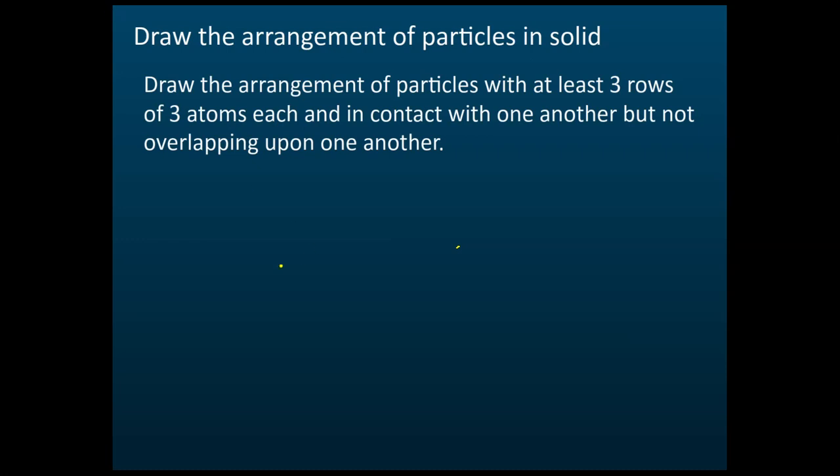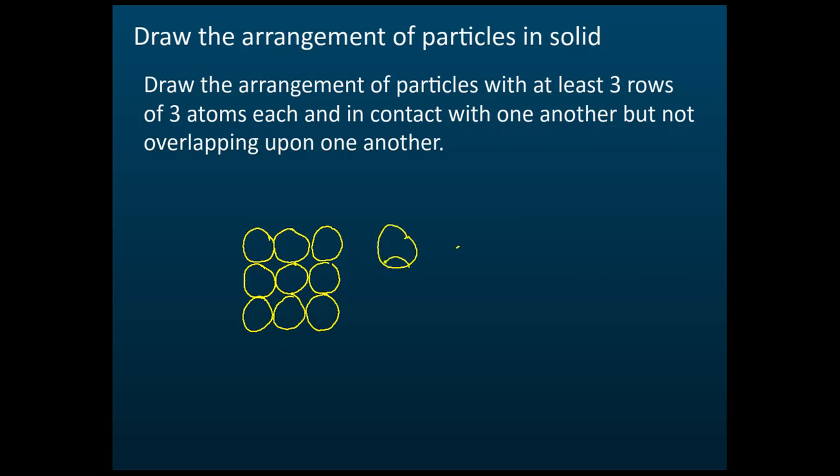If they want you to draw the arrangements of particles, you must draw at least 3 rows of 3 atoms, all in contact. Of course you can draw more, but this is enough already. So that is for solids, but cannot overlap.